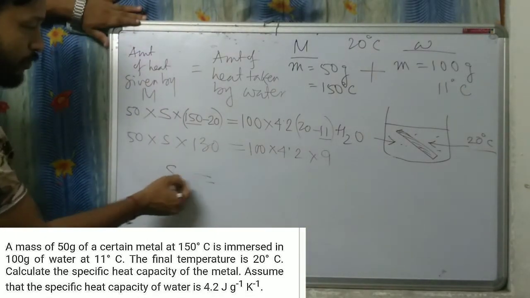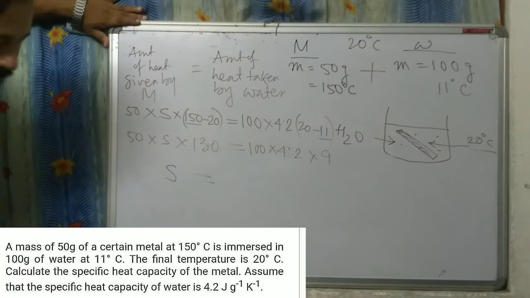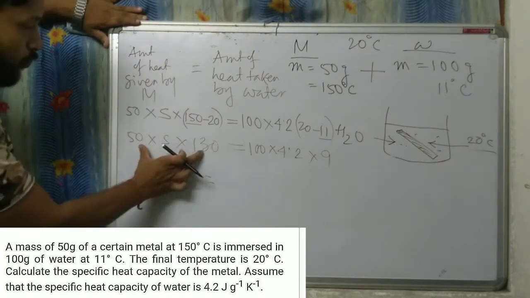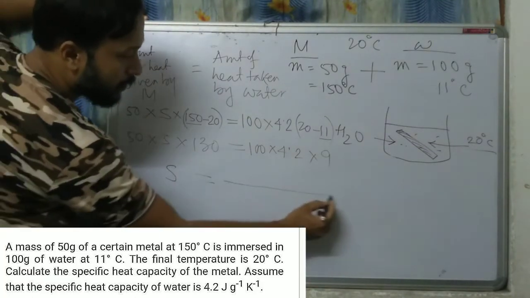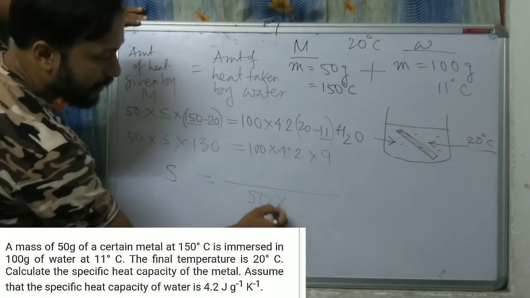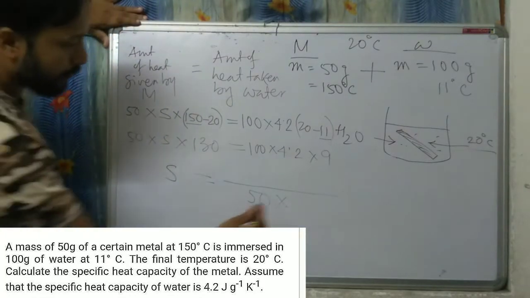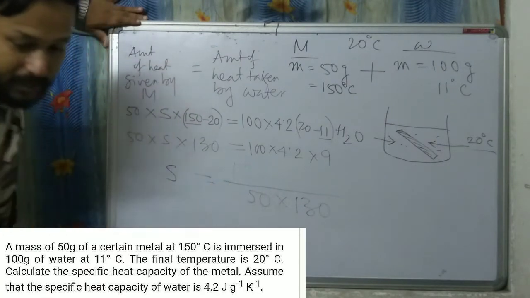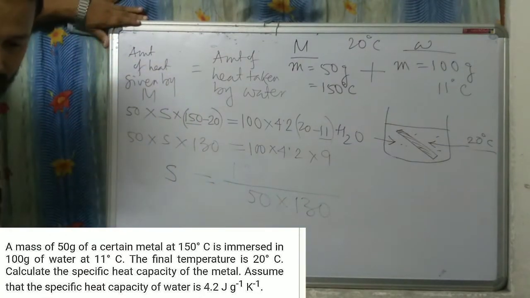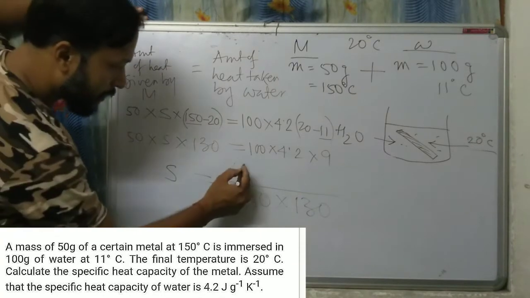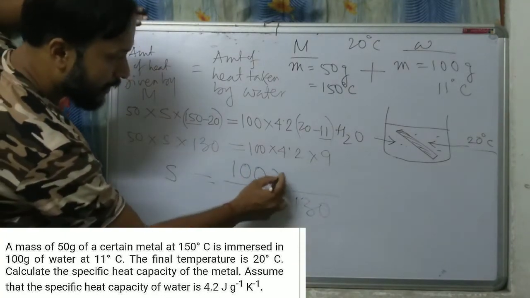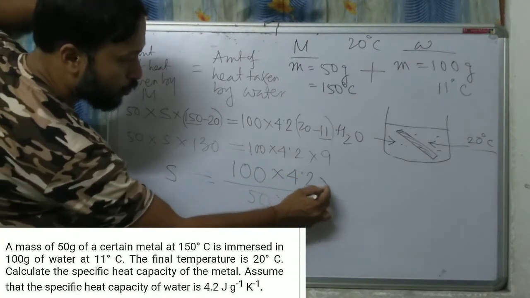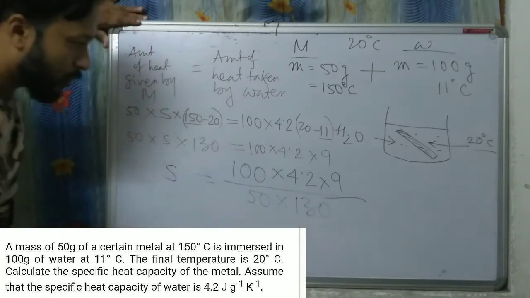So S equals 100 into 4.2 into 9 divided by 50 into 130.